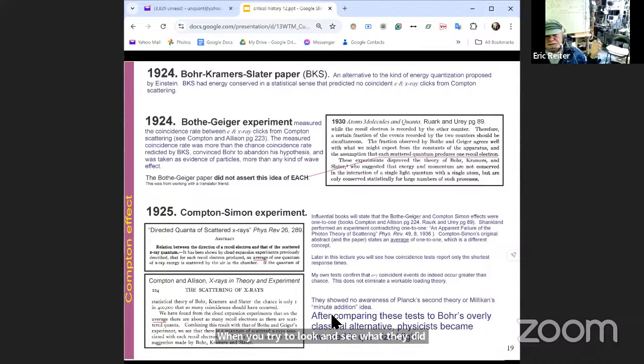But the literature and our books pretty much followed the idea that light was quantized after these experiments. I'm going to return to the Compton effect later.